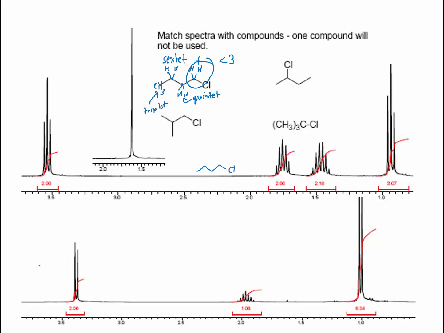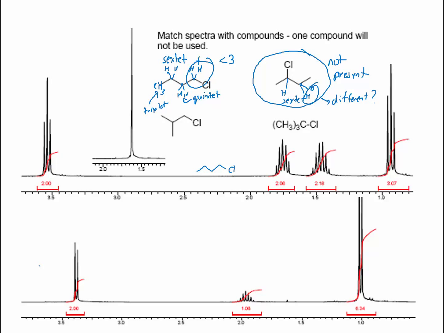We have the triplet, we have another triplet way down here, and then a quintet and a sextet. This one, this hydrogen with a high chemical shift is supposed to be a sextet. And if you look at above 3 ppm, none of them have that. So this is the one that's not present. Okay, in a chiral molecule, sometimes these are going to appear as different signals.